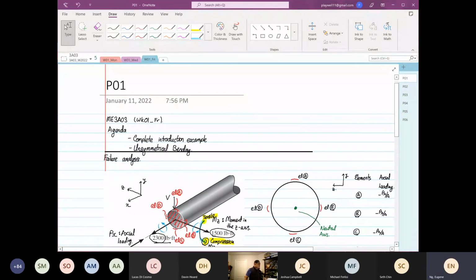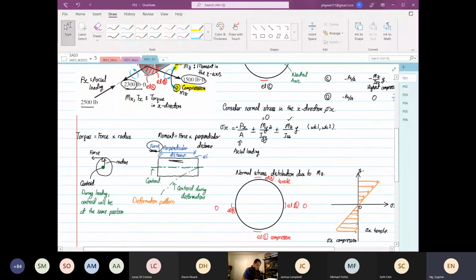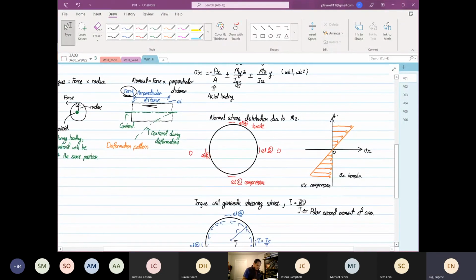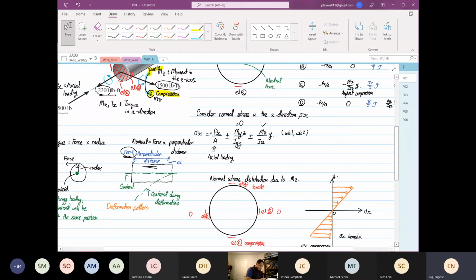On our last lecture on Wednesday, we left off doing failure analysis, and I showed you different sets of formulas. They were used for axial loading. By the way, this is Wednesday's notes.